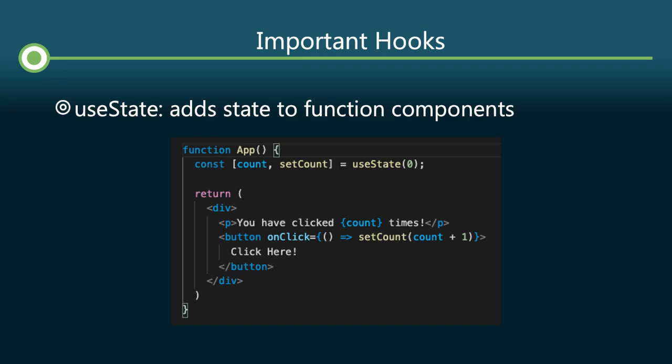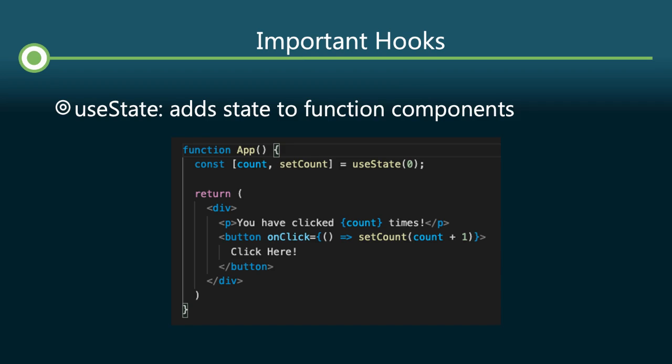A function does not have a constructor, so we just say the variable that has state is count, and setCount will be the function that is used to set that variable. When we call that useState hook, we also can give it an initial value of 0 here.